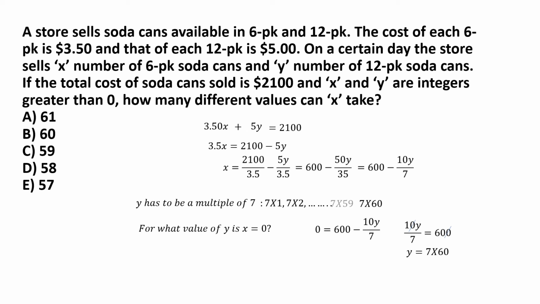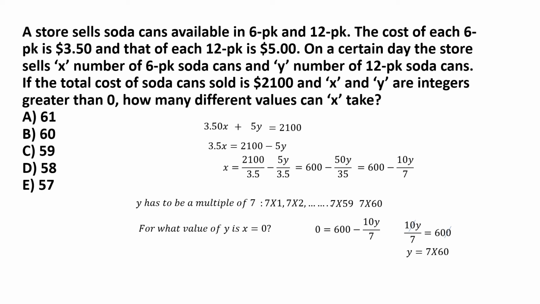So let's write the multiple before that, that will be 7 multiplied by 59. So y can go on like this, 7 multiplied by 1, 7 multiplied by 2, all the way through 7 multiplied by 59 and 7 multiplied by 60. And for still higher multiples, those won't be allowed because for those, x will become negative.